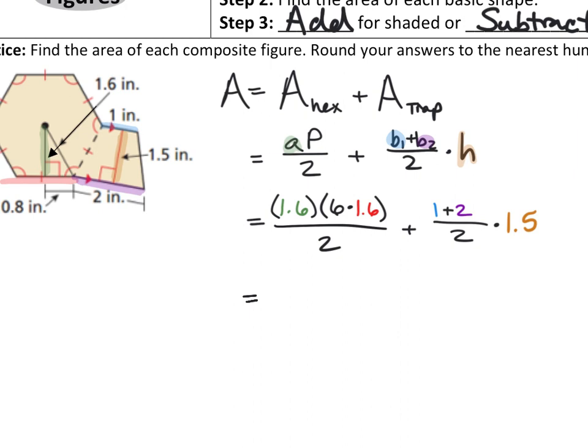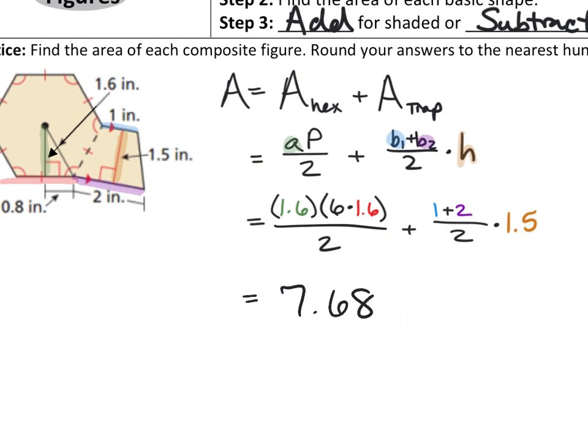So if it returns to you a fancy fraction, you will have to turn it to a decimal. It should be 7.68. Okay, so we got 7.68 as the area of that hexagon.